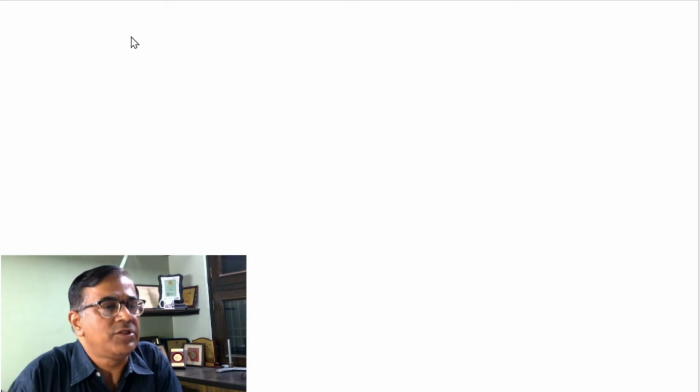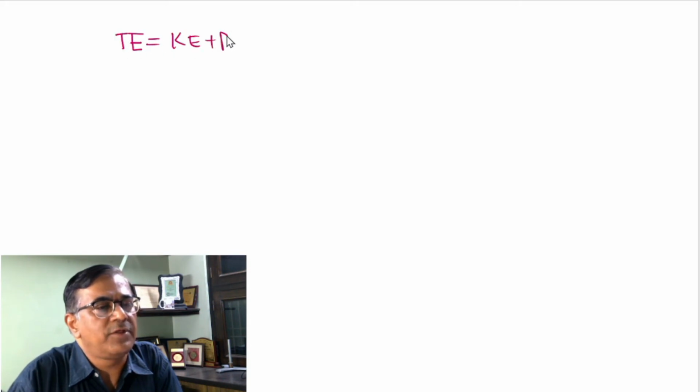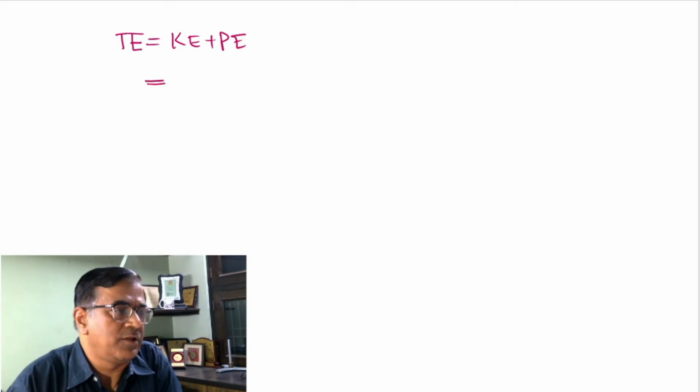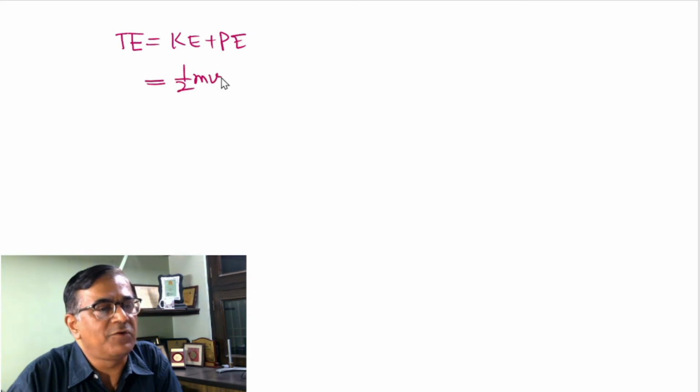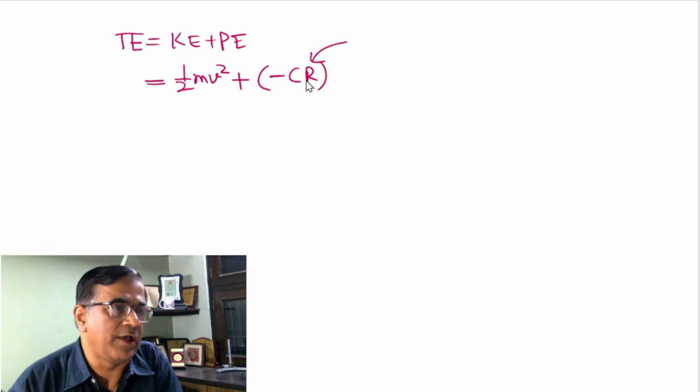The total energy has to be the sum of kinetic energy plus potential energy. The value of kinetic energy is equal to half mv square, and the value of potential energy I have already chosen as minus c times capital R. I have written capital R in place of small r.